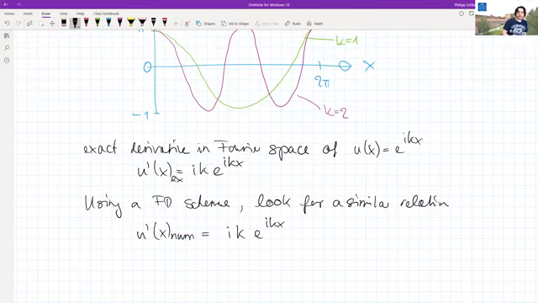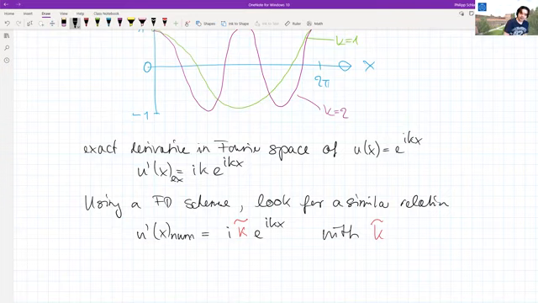But now I need to understand that this is an approximation. This finite difference scheme is not exact. So that means that probably there will be a prefactor here which is different. Therefore I'm writing a tilde on top of the k. Maybe I can write the whole k here in red, so that I understand that this k tilde is actually not the exact wave number that I had from above.